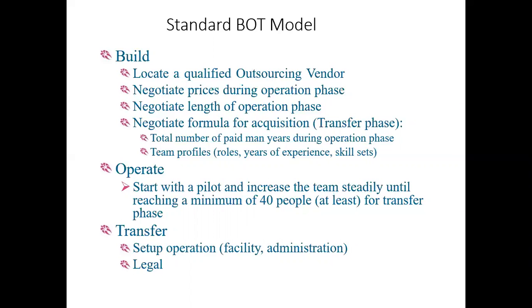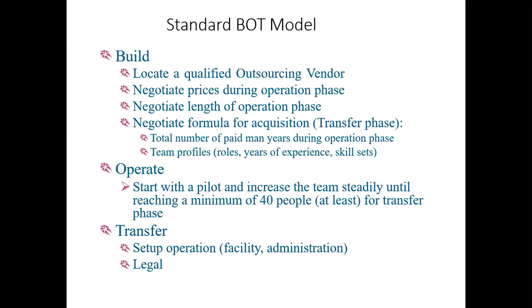After locating qualified outsourcing vendors, negotiate prices during the operation phase. This negotiation of prices is a very important factor, and it can be done at initial stages and during the particular operation period. That means the construction period, we can say.